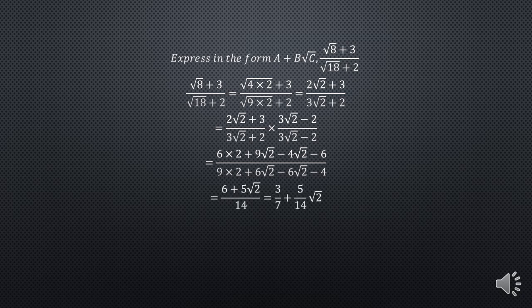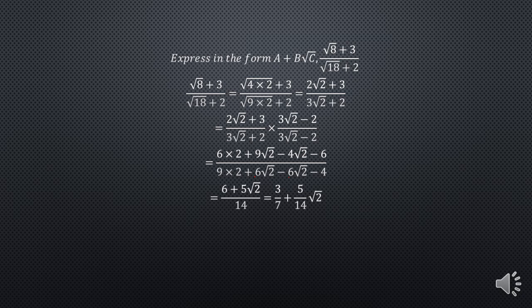So now on to the simplification. I hope you see that here we have 6 root 2 minus 6 root 2, so the 6 root 2 cancels, and then we have minus 4, so 9 times 2, which is 18, minus 4, 14.